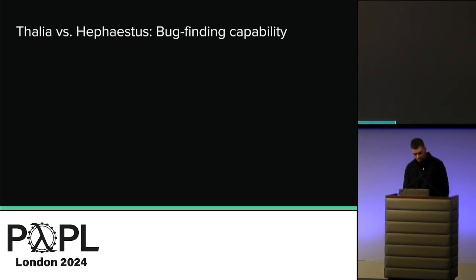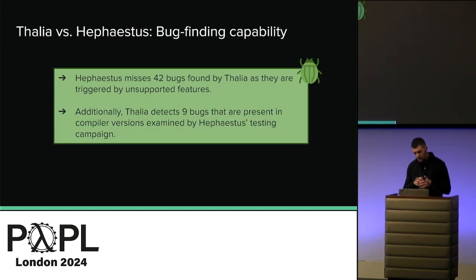And why is that? Because in order to test a new feature with Hephaestus, we need to extend the generator in order to generate programs that exhibit this new feature. In Thalia, we don't need to do that.